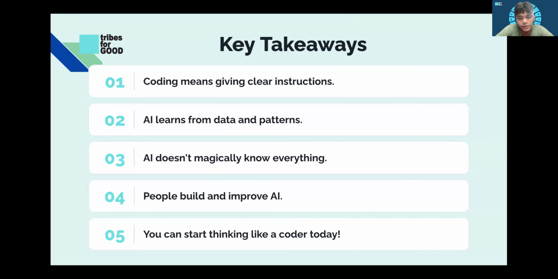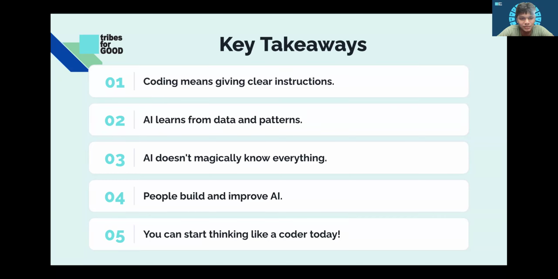So yeah, I want to give some key points. First is coding means giving clear instructions. Like I told, instructions are given by humans. Coding just has some syntax which you guys have to learn. Otherwise, it's just like giving instructions, like a decision tree.